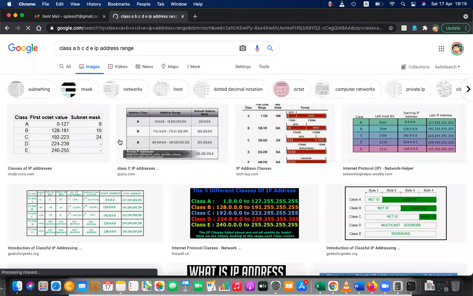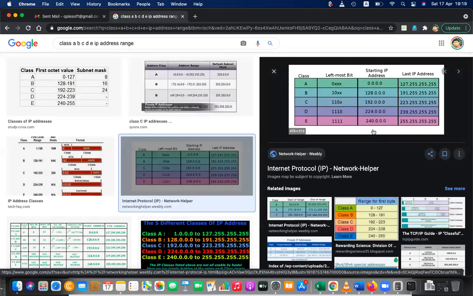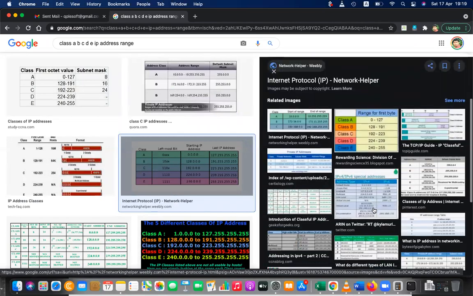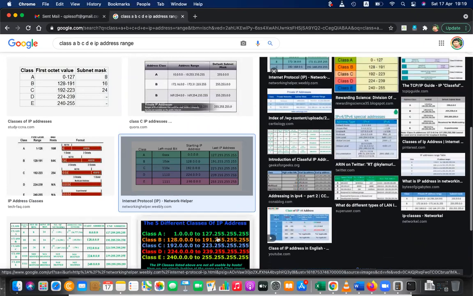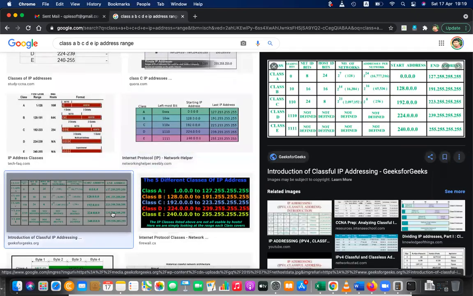So this has a pattern, right? Okay, you can see. I would like to use this one. This is more explanatory, but the octet value should also be there.